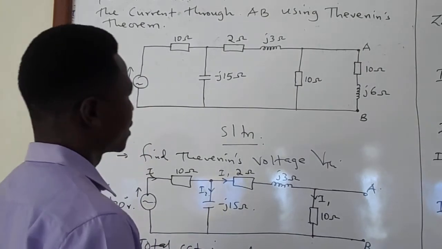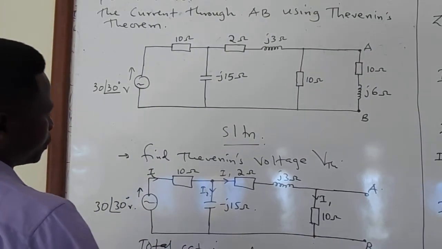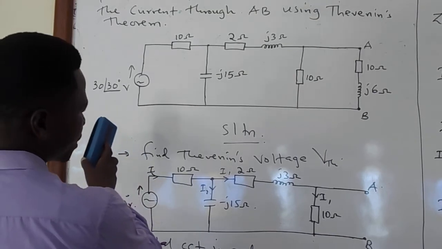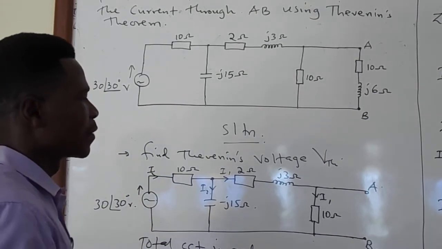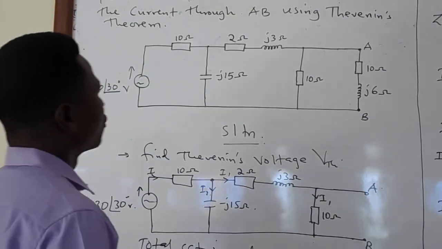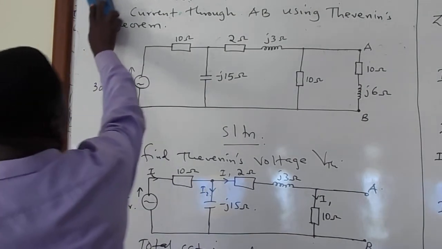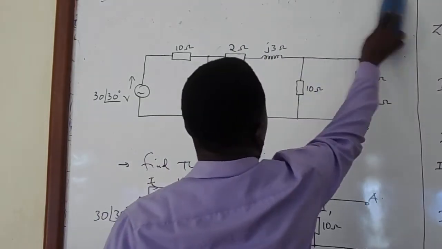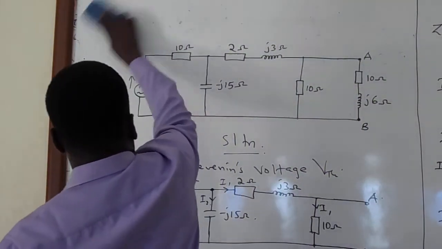So in that case, the circuit that will help us to obtain the Thevenin's impedance will be as shown.